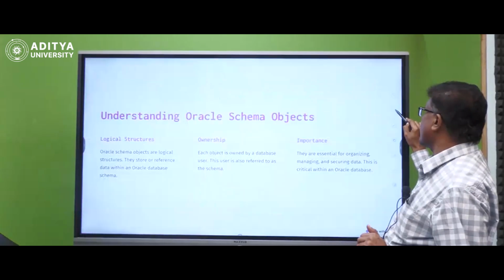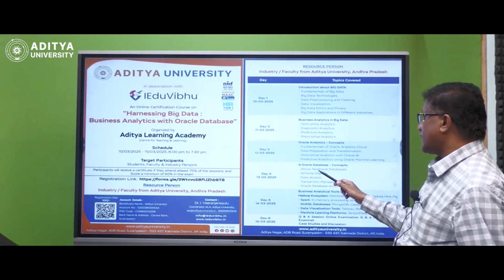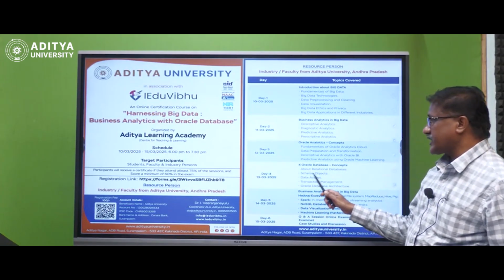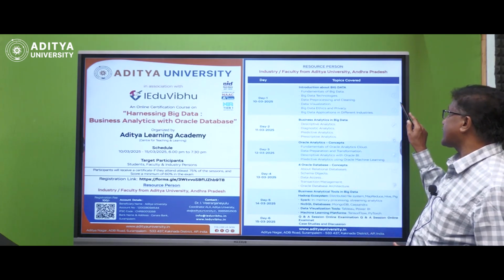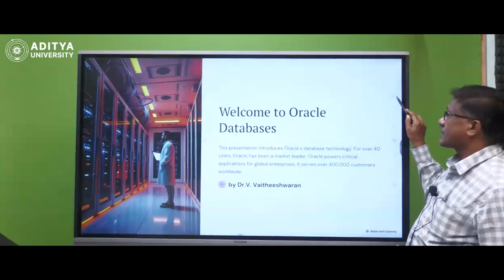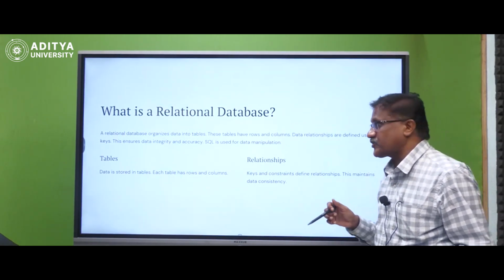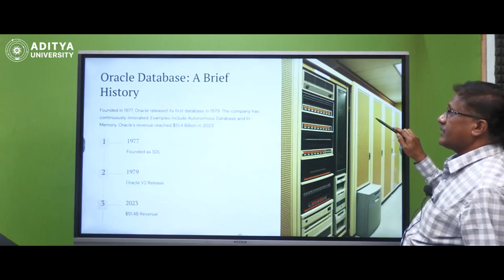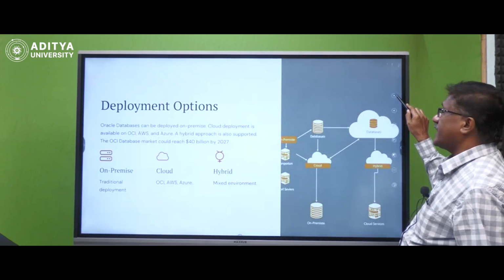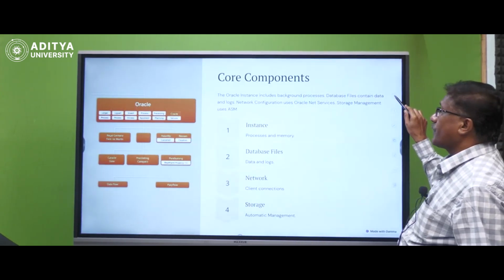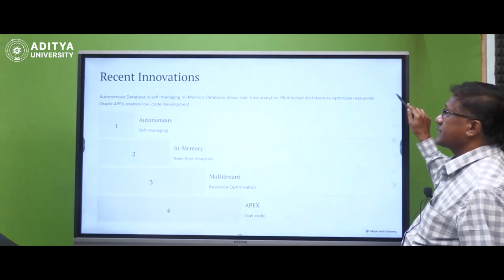Today we divided into four areas: first relational database, second schema objects, third data access and transaction management, last architecture. In Oracle databases we studied what a relational database is, the history, the various database editions, the core competencies, and the various use cases.